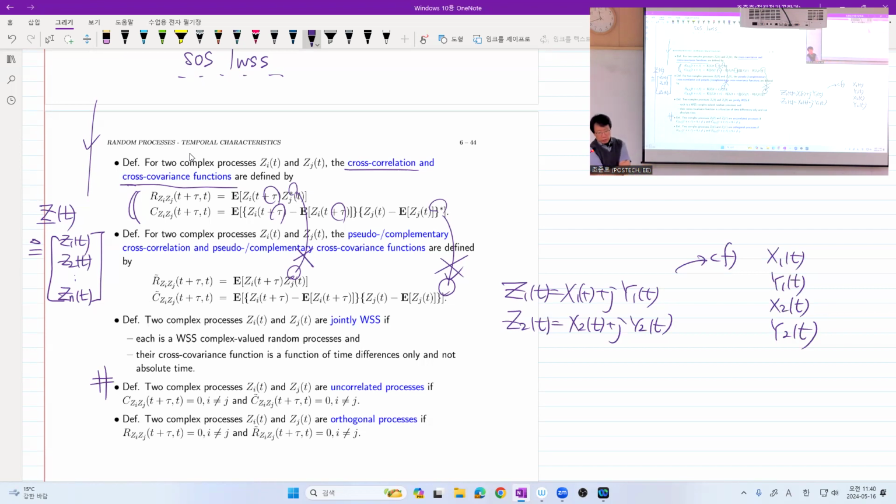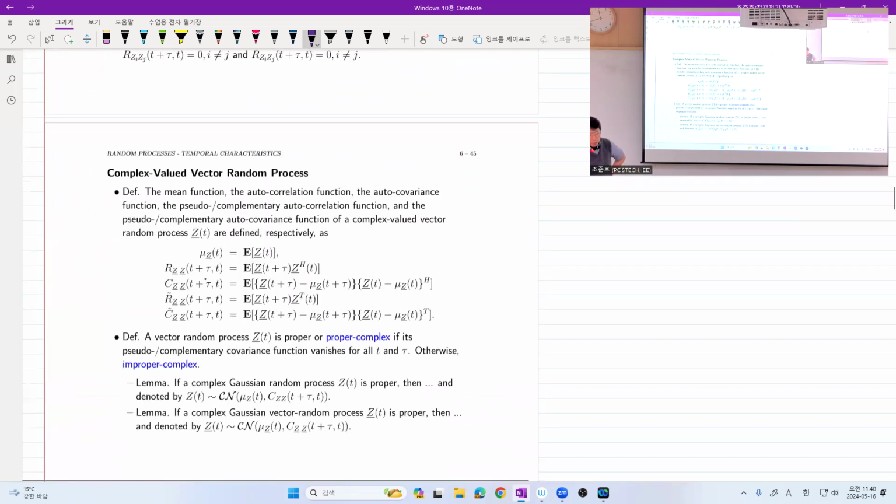So you have uncorrelatedness and orthogonality of four random processes, two real parts and two imaginary parts. Got it? So whenever you have confusion, just go back to the fact that a complex number is simply a two-dimensional vector.